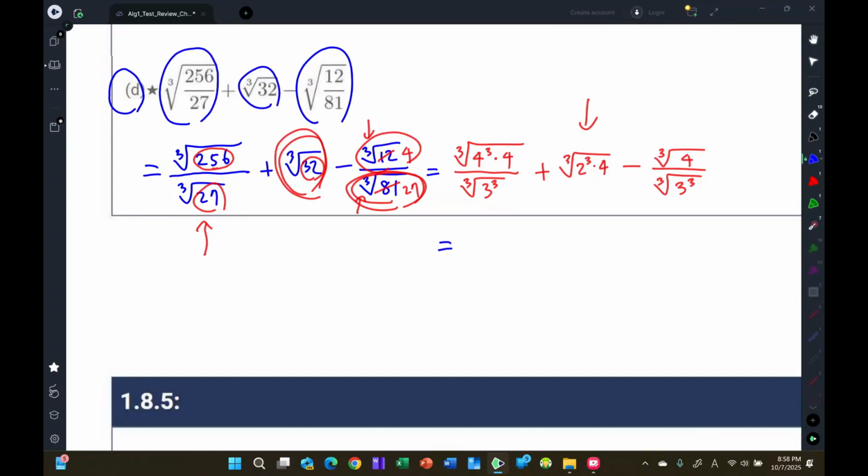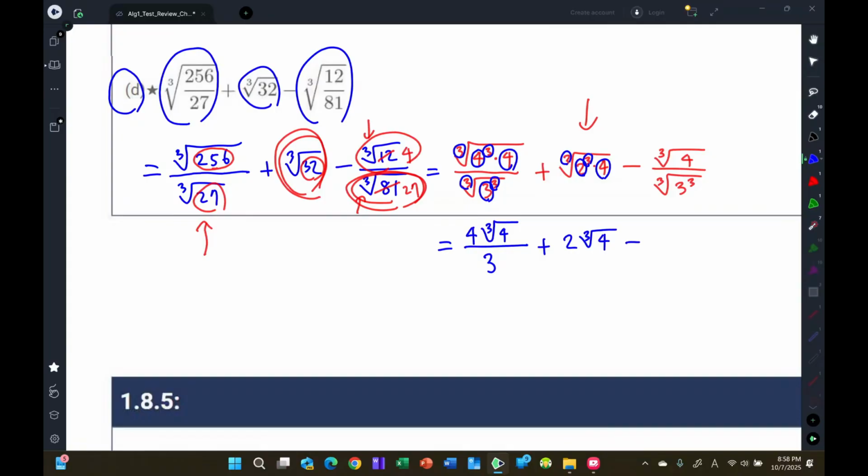Now, who has the key? 4 has the key for cube root. So 4 comes out, but this 4 stays inside, unfortunately. Over 3 has the key for the cube root, so 3 comes out, plus 2 has the key for cube root, so 2 comes out, and then 4 stays inside the cube root of, okay?